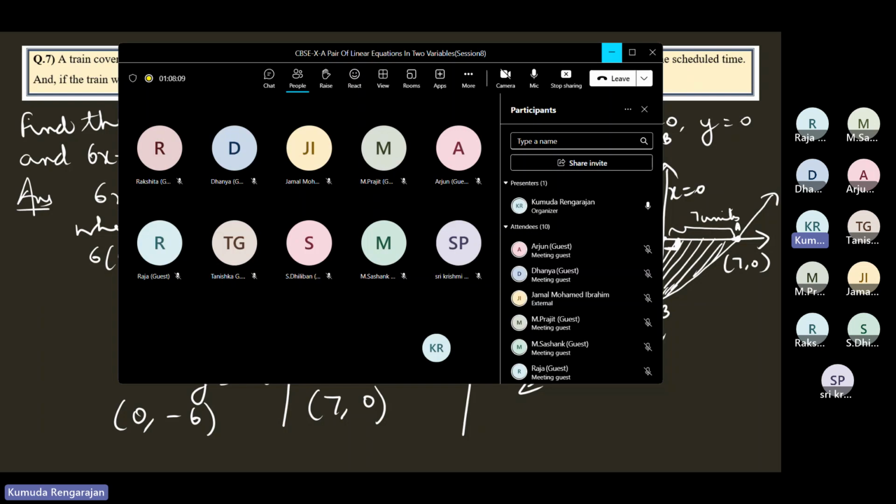All the word problems. Anything omitted from NCERT word problems, children, please let me know. Ma'am, we did all the things, but at the end we came to know that upstream, downstream is not there.